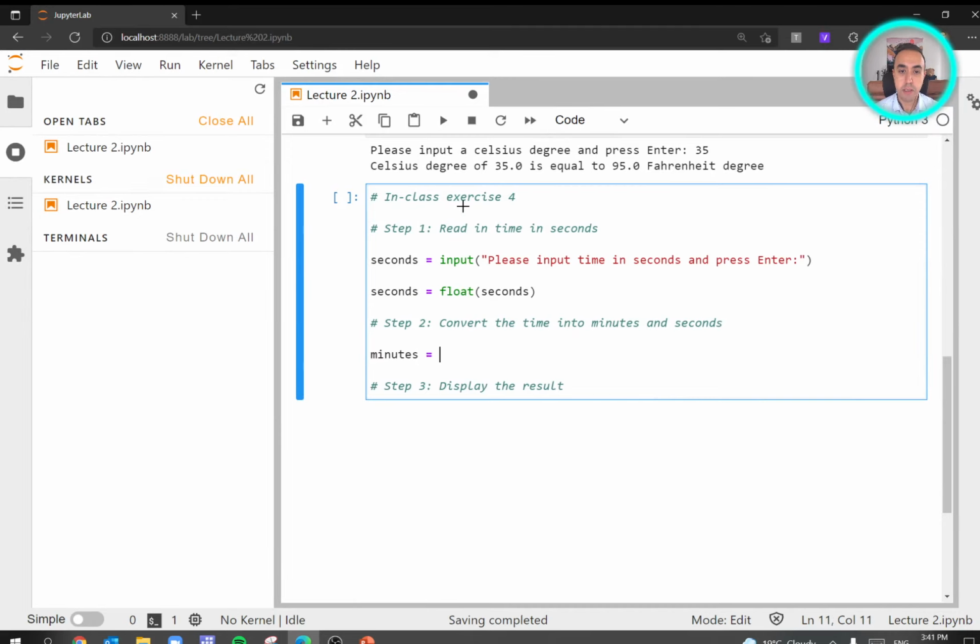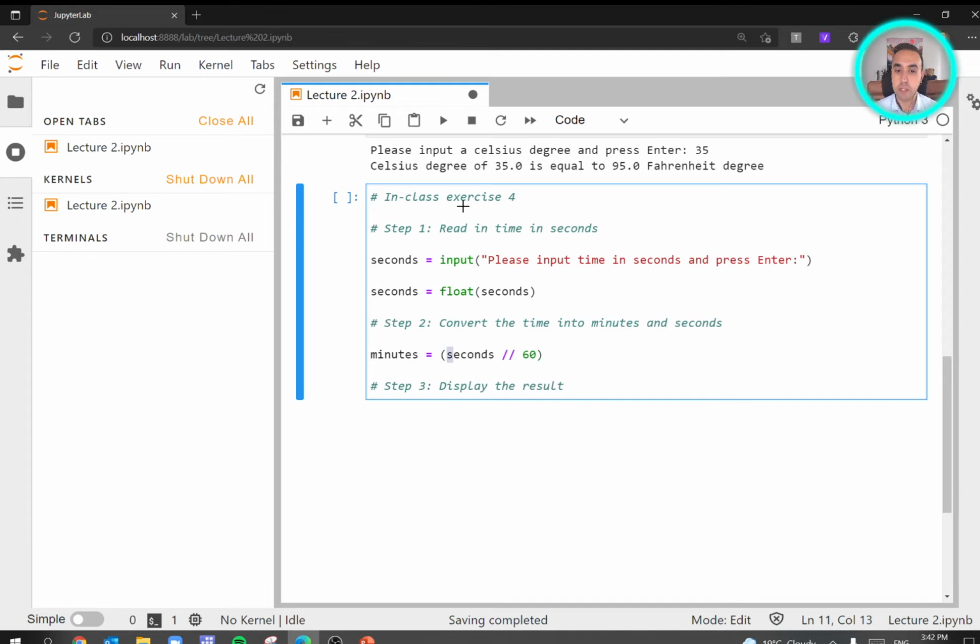So for minutes, I have the seconds, let's say this is 200. I'm going to do integer division by 60, because 200 divided by 60, an integer division, is going to give me the integer version. But since the seconds is a float, what I'll get is 0.0 rather than an integer.